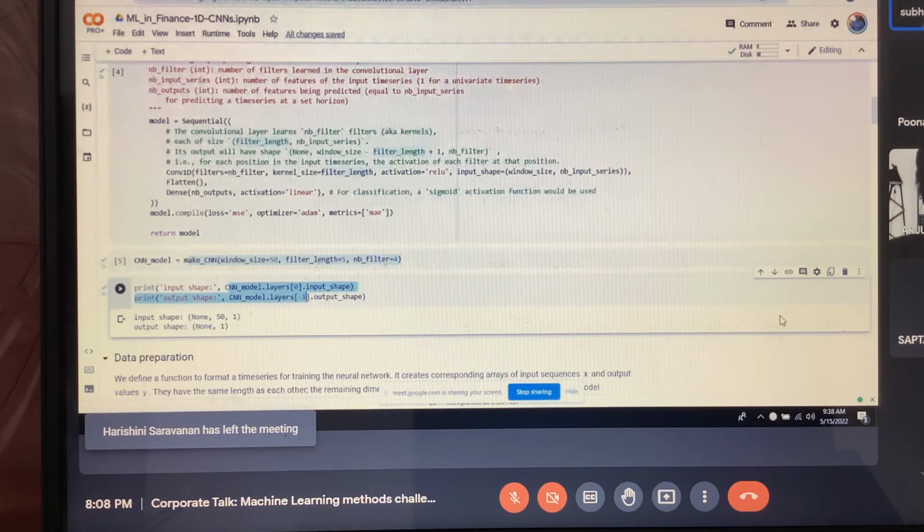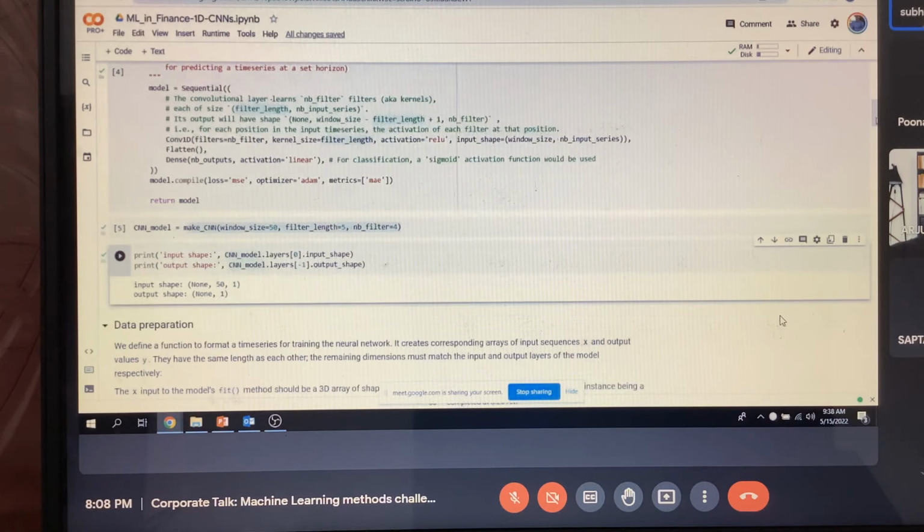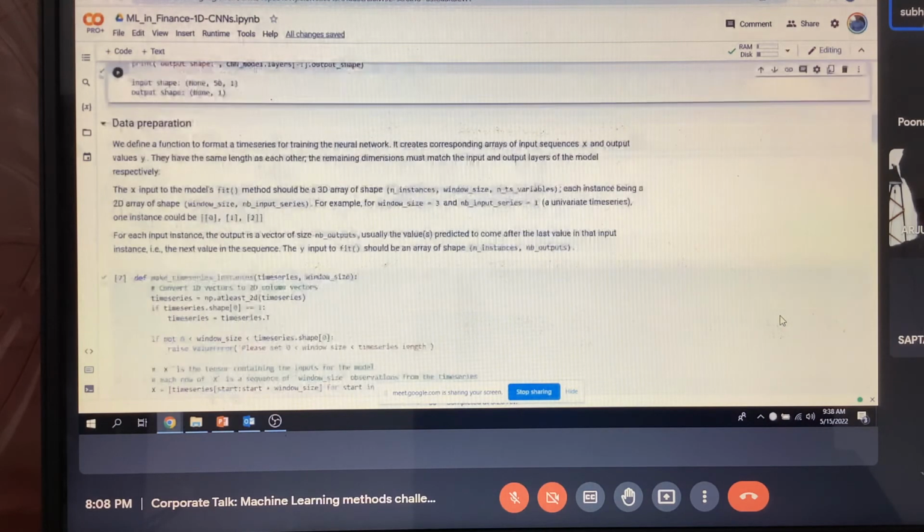So when we look at the shape, it shows an input shape of 51 and an output shape of 1, which means we are doing one output from a window size of 50. The time window size of 50 means the time series has 50 points of time, and filter length 5 means we have a 5 by 5 filter which is multiplied to the data.